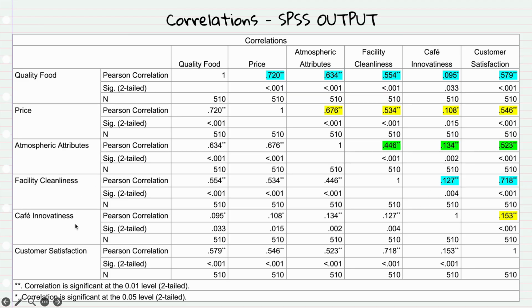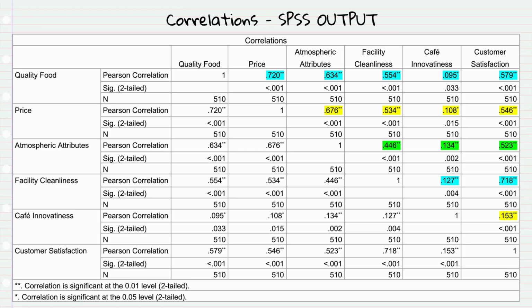Now let's compare cafe innovativeness and customer satisfaction. The R value is 0.153 and P value is less than 0.001. This is what we call a weak but significant correlation.